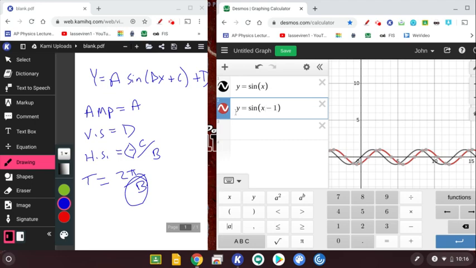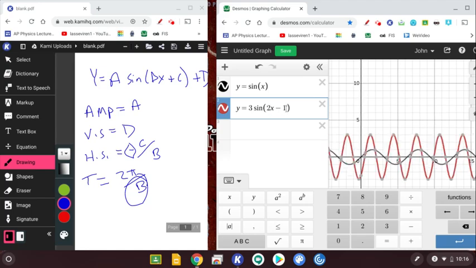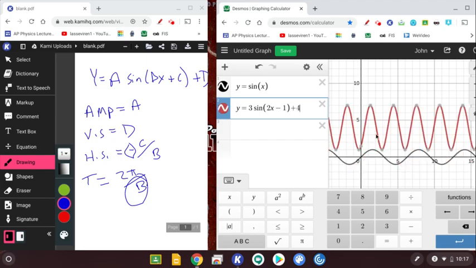So let's look at how we can graph these functions without using an online graph or some graphing calculator. So let's pick some numbers. Y equals 3 sine 2x minus 1, plus 4. Okay, so we have this red graph.